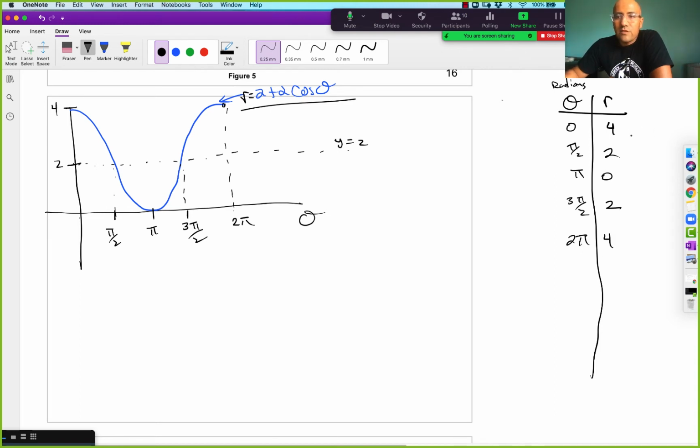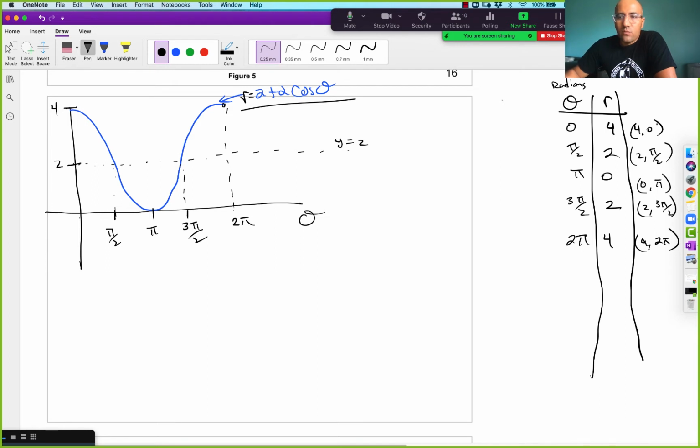Remember that if we put these in ordered pairs, they kind of go backwards. So ordered pairs in polar are going to be 4 comma 0, and 2 comma pi over 2, and 0 comma pi, and 2 comma 3 pi over 2, and 4 comma 2 pi.